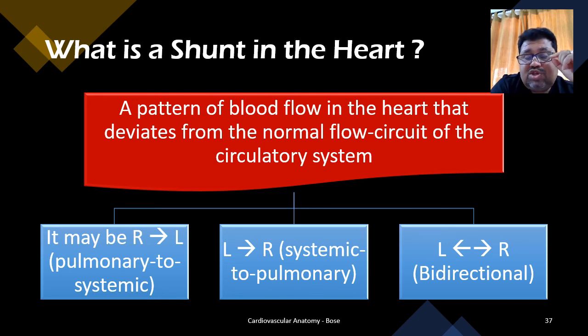So the term shunt is an abnormal blood flow. It may be normal or abnormal, and there are several different forms. And the purpose of this particular slide is to just inform you as to the terminology of a shunt, which refers to an abnormal blood flow pattern.